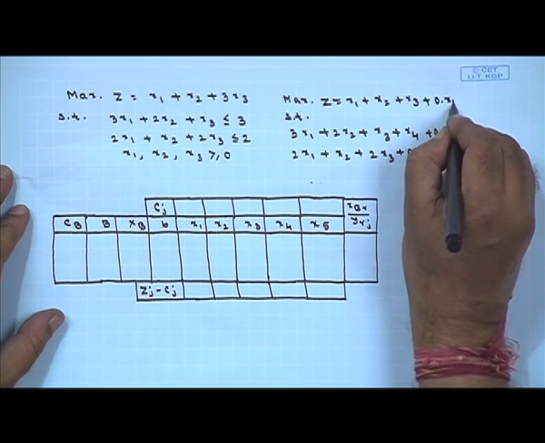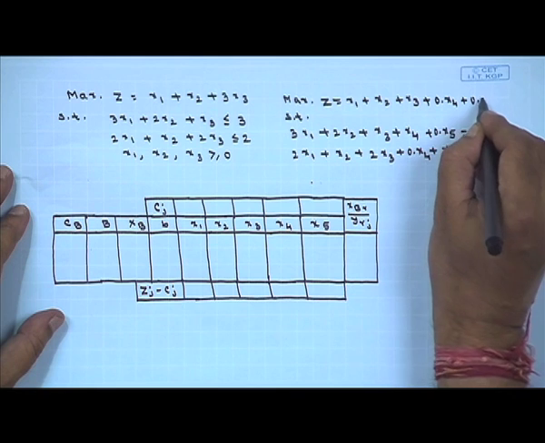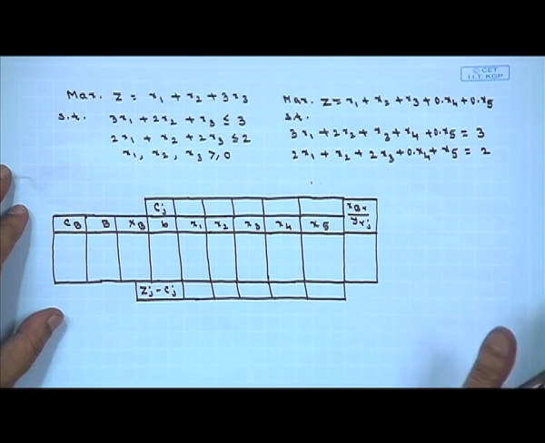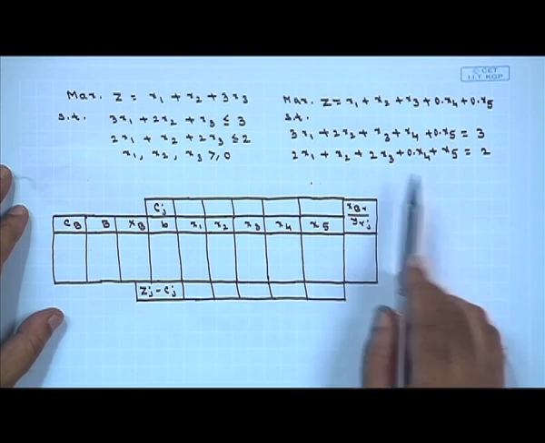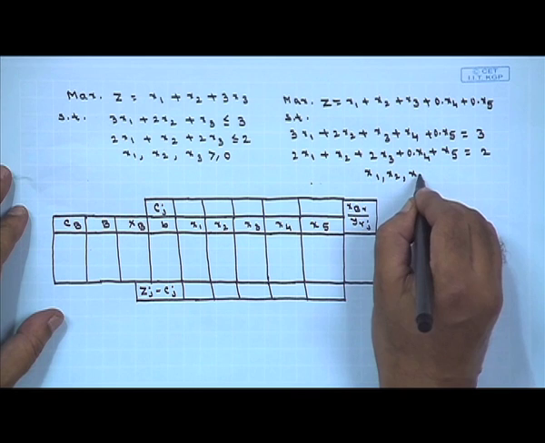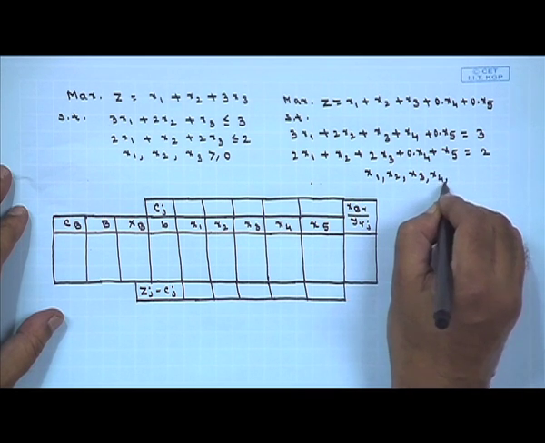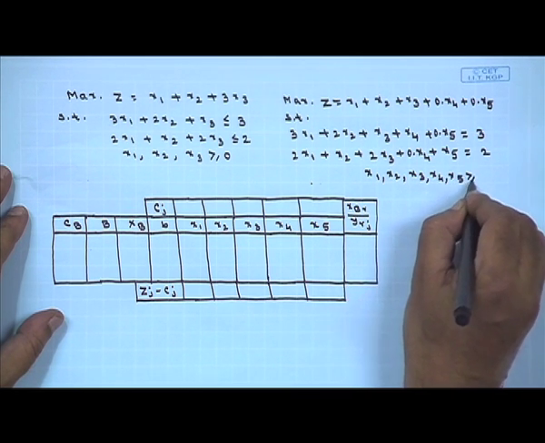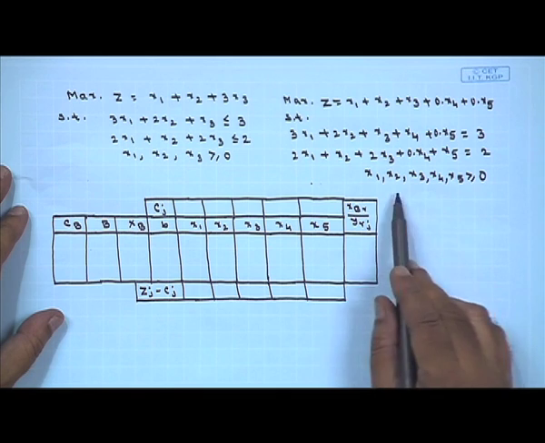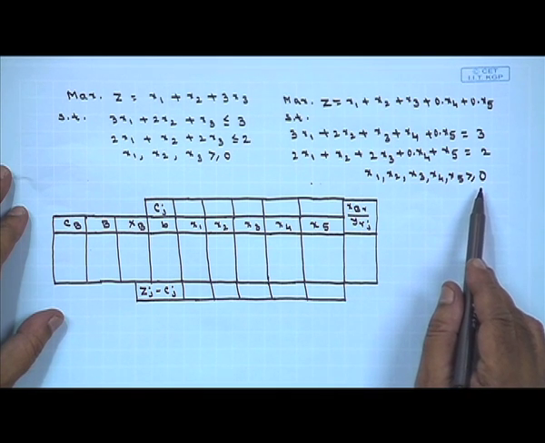So, it is 0 into x4 plus 0 into x5. Of course, x1, x2, x3, x4 and x5 are all greater than or equal to 0.